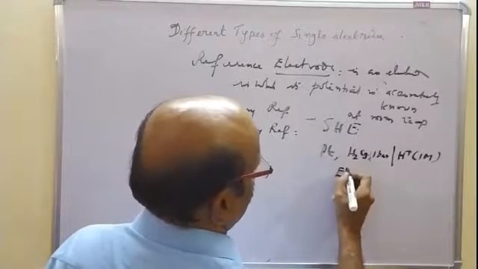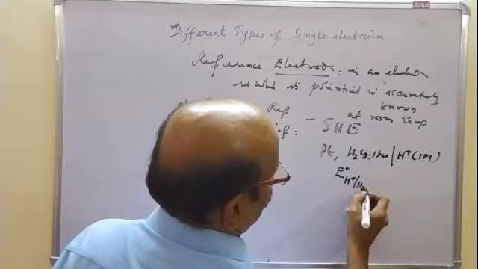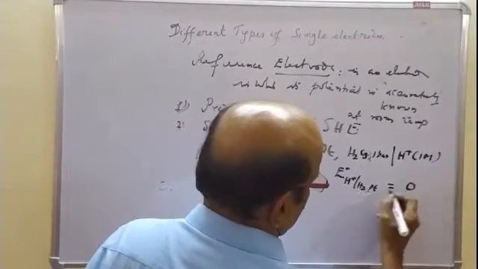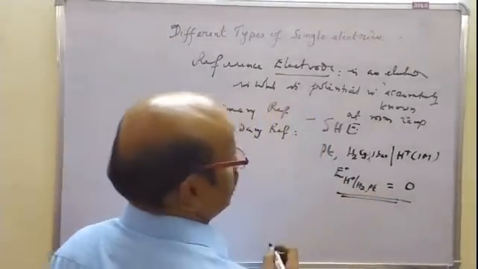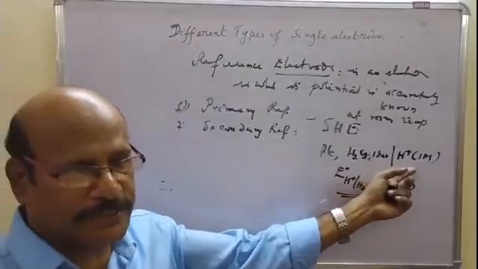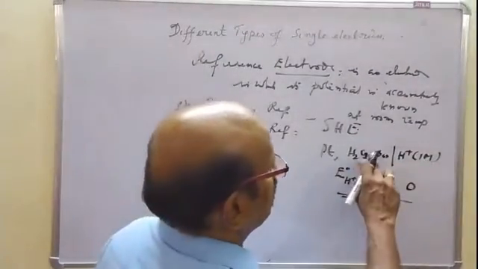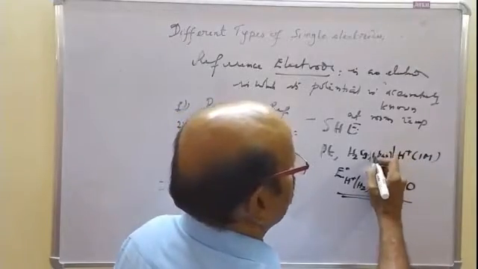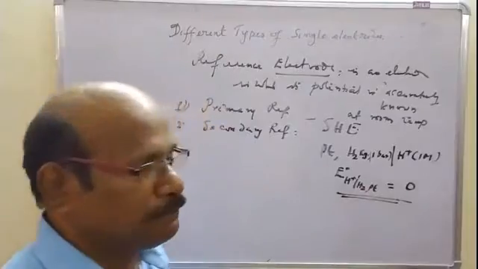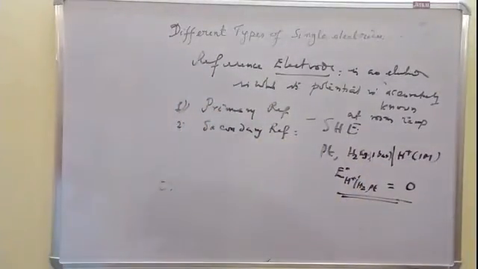So E0 of H plus, H2, platinum is arbitrarily taken as 0, because the potential developed by 1 molar hydrochloric acid with hydrogen gas at 1 bar pressure is arbitrarily fixed as 0. So it is considered as the standard hydrogen electrode.